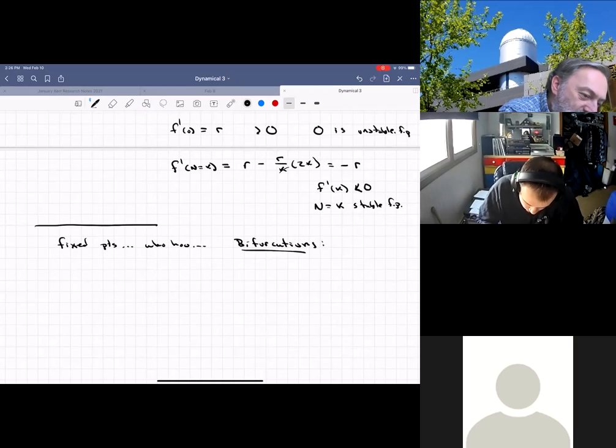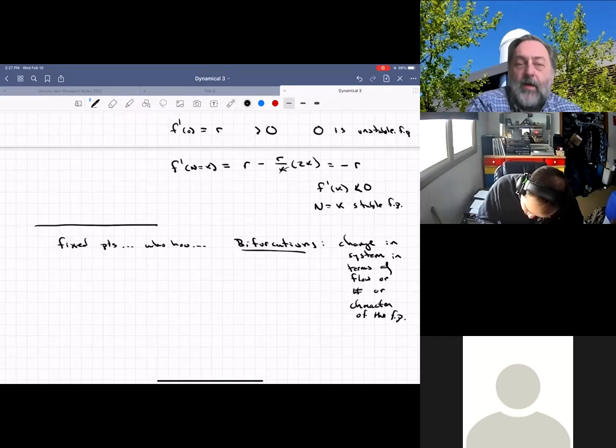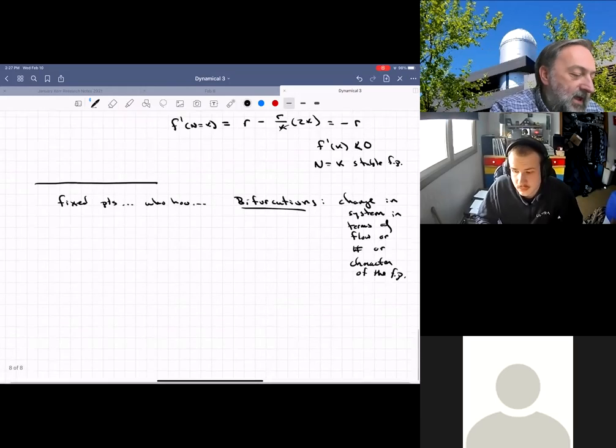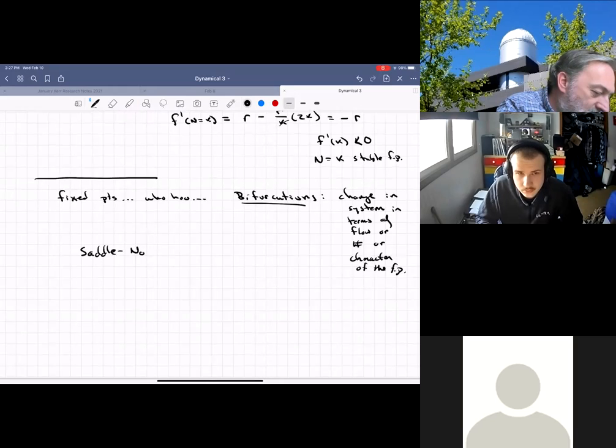A bifurcation is going to be a change in the system in terms of the flow or the number or the character of the fixed points. In one dimension we can have 3 different types of bifurcations. One of these we're going to call the saddle node bifurcation.